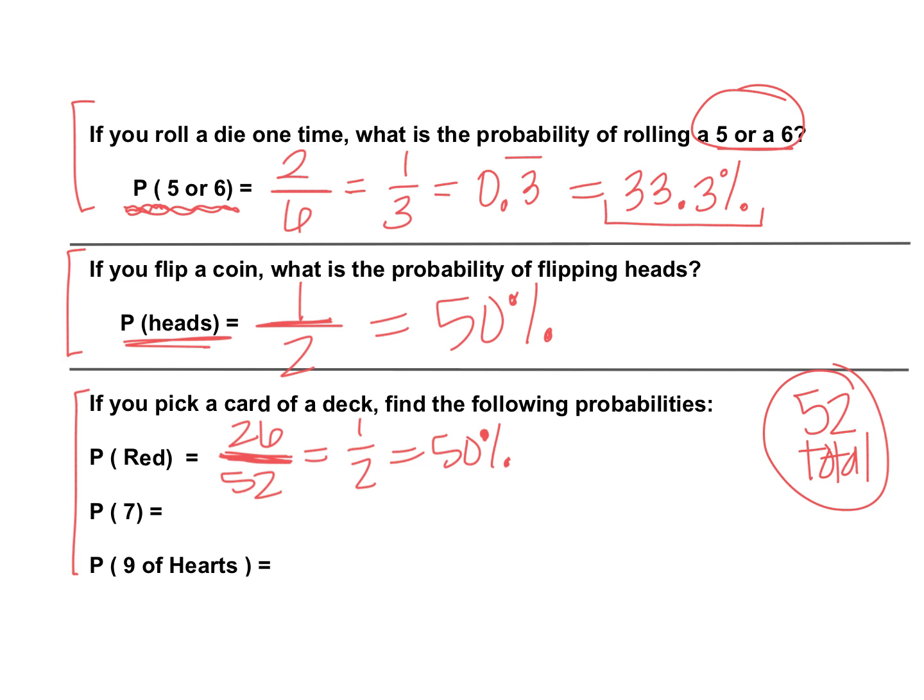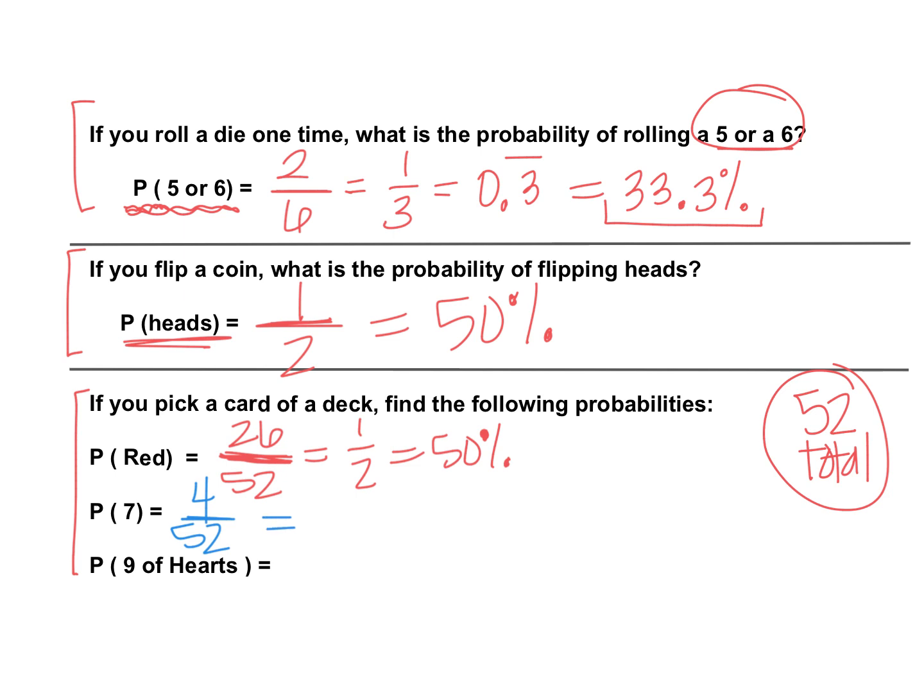Probability of picking a 7. So we still have 52 cards in the deck that we're picking from. There's 1 seven per suit, and remember I said there's 4 suits, so that means there's 4 sevens. So 4/52, and then I can simplify that. I can divide them both by 4.